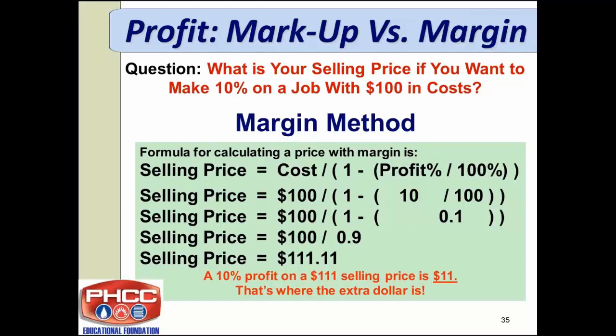And when we divide the $100 in cost that we have by that 0.9, we get our selling price, which is $111.11. And if you do your fact check on that and look at what's a 10% profit on $111 selling price, there's your $11. It's confirmed. That's where the extra dollar went.